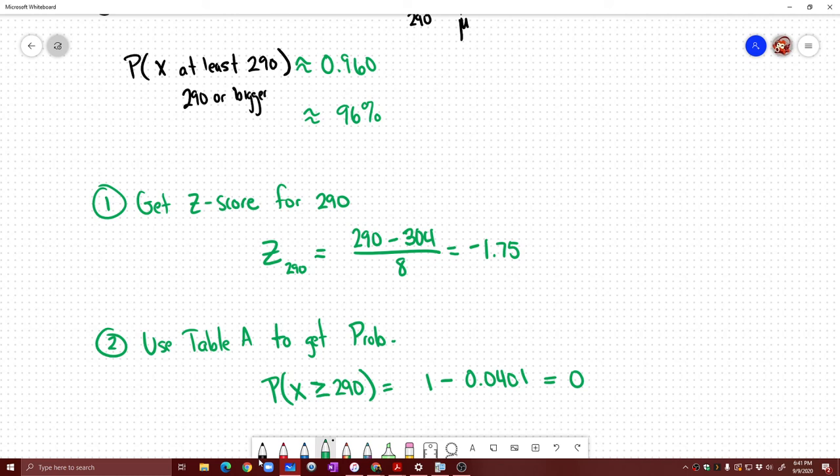So I'm going to quickly do that here. 1 minus 0.0401, we get 0.9599. That's what we would get using the table. You see, it's the same as what we rounded anyway, so they're giving us the same value. Either way will give you the same results.